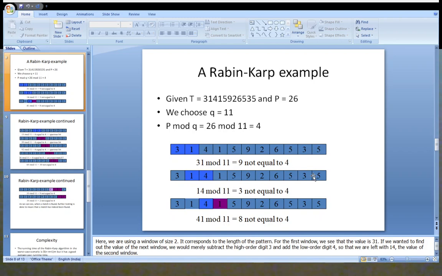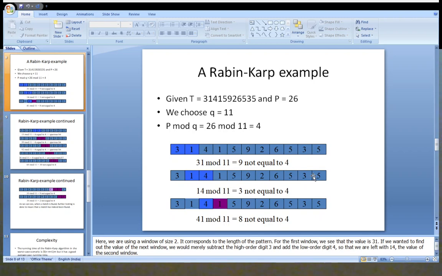Then first we shall find the pattern mod q, with q equal to 11. So we find 26 mod 11, which equals 4.